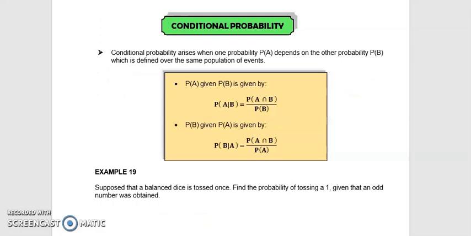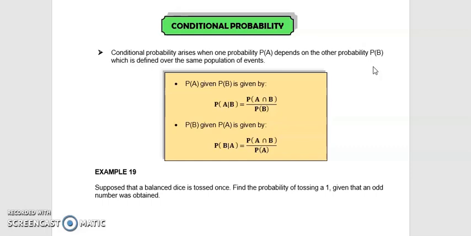Okay, now let's continue with conditional probability. Conditional probability arises when one probability, for example the probability of A, depends on another probability of B, which is defined over the same population of events. Meaning to say that the occurrence of one event depends on the occurrence of another event.